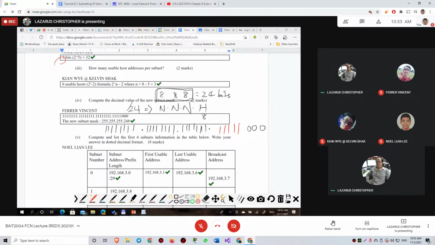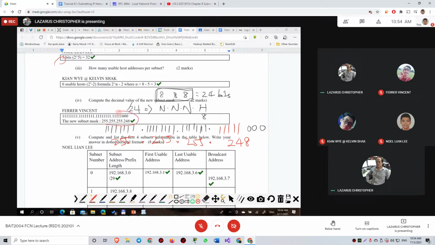So this value is still 255, this one dot 255 and dot 255, but this part is no longer 0 because we have the 5 bits here belonging to the network. Now it's all 1s.